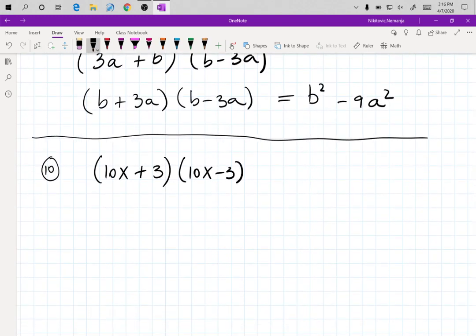All right. 10x, 10x, that's the same. 3 and 3, that's the same. Plus and minus, opposite signs. So it definitely fits our formula. So square them. That's 100x squared minus 9.